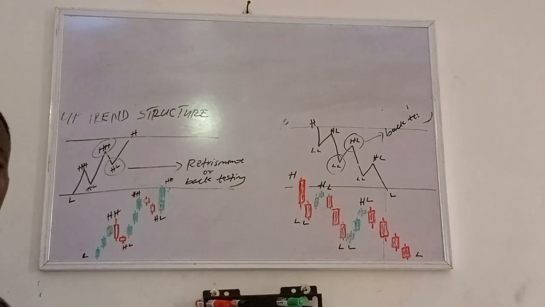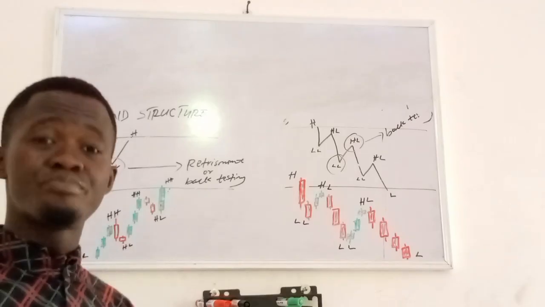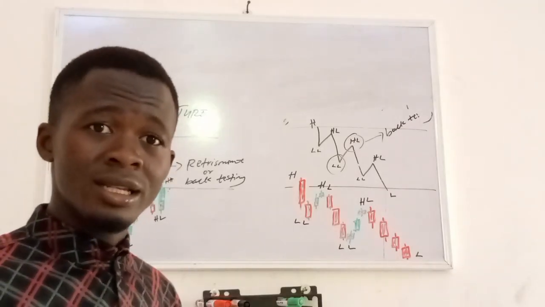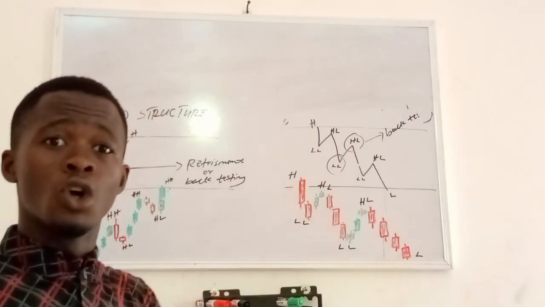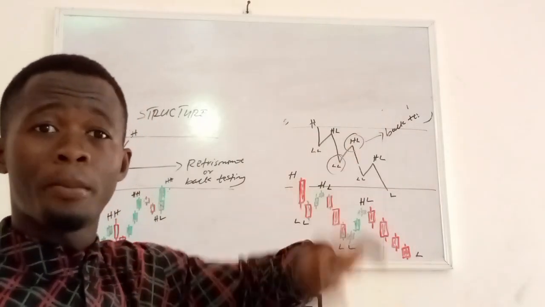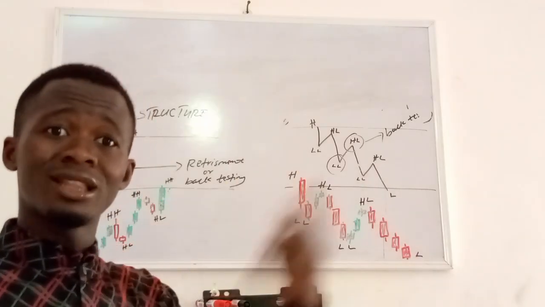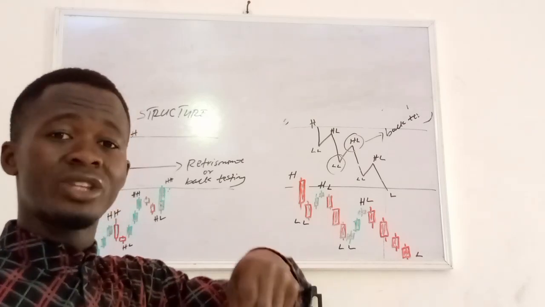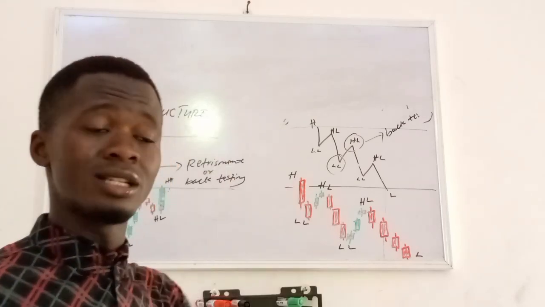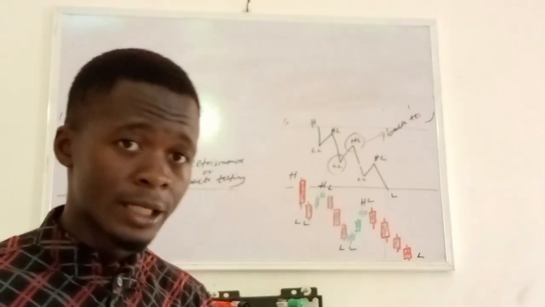Now let me give you a little secret of candlestick momentum. The bigger the candlestick, it tells you the amount, the billions of dollars that sellers or buyers have put in that candlestick. It is giving you the information. The smaller the candlestick, the smaller the liquidity in that candlestick, the smaller the buyers or the sellers. You see it?